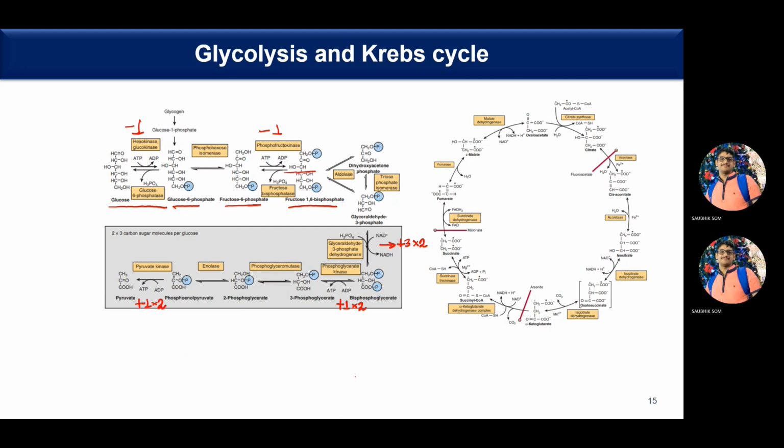So the net ATP synthesis in the presence of O2 is 6 plus 2 plus 2 minus 2, which is equal to 8. In the absence of O2, during anaerobic glycolysis, this 6 will not be there, so 2 plus 2 minus 2 is equal to only 2 molecules of ATP from glycolysis.